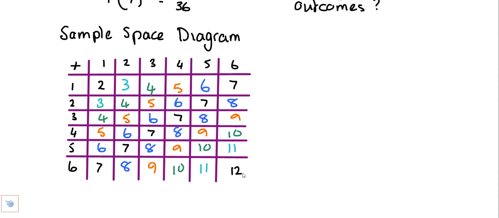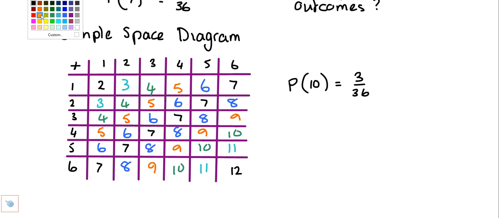So, sample space diagram, probabilities, probability notation. So we've got the probability of getting a 10 to win would be 3 out of 36. Right, what I would like to do though is at this stage, let's consider all the possible things that that 3 out of 36 means.